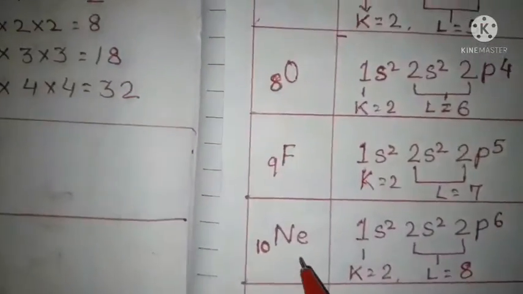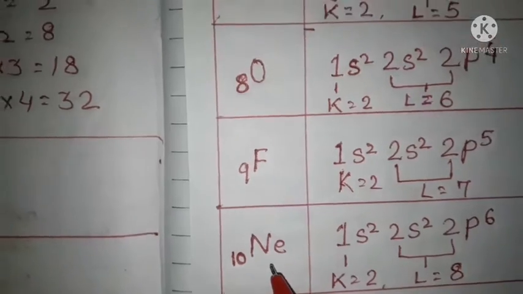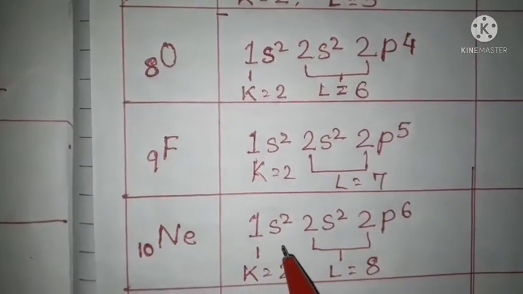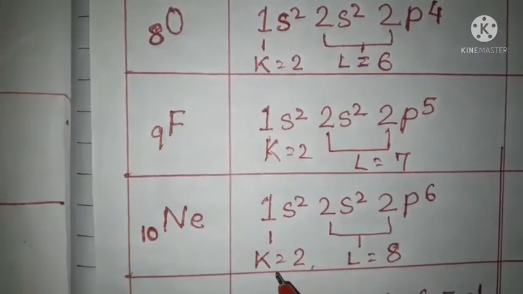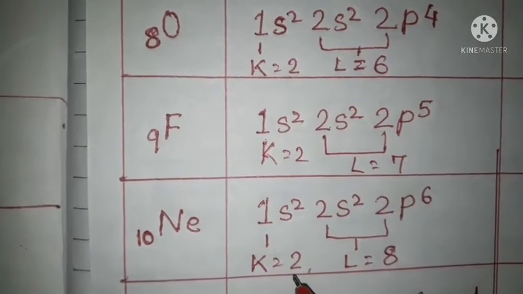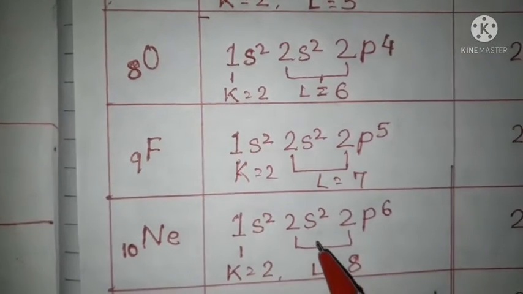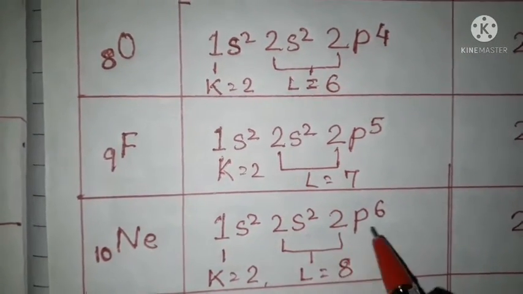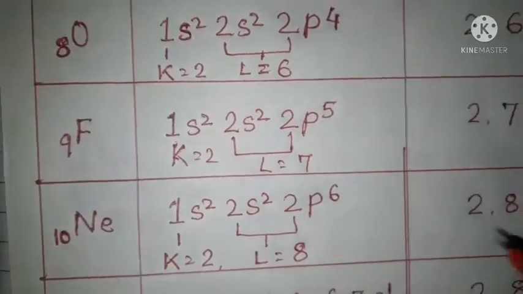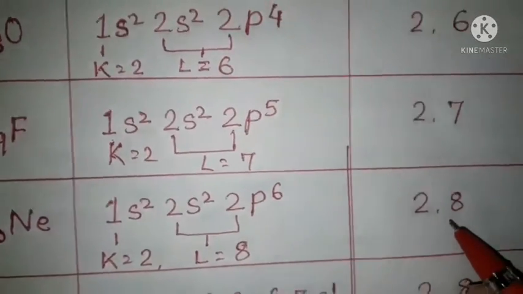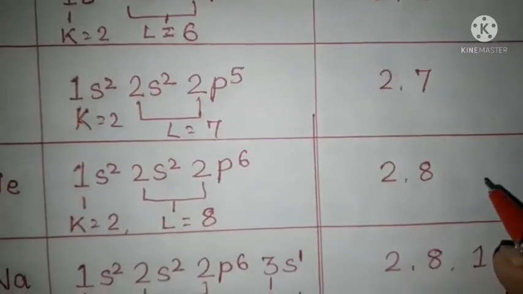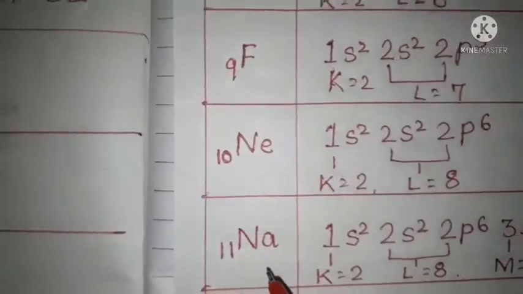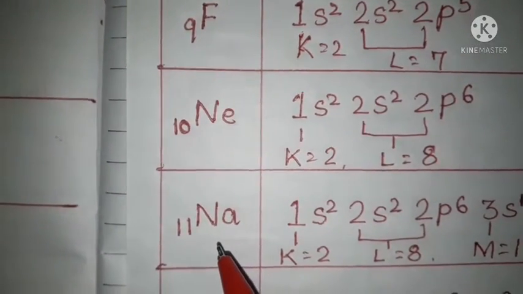Next, neon. We know that Z of neon is 10. So we write 1s2, in which in K shell 2 electrons present, and 2s2 2p6, that means L shell in which 8 electrons are included. So we write in another form 2 and 8 electrons. And sodium, we know that Z of sodium is 11.